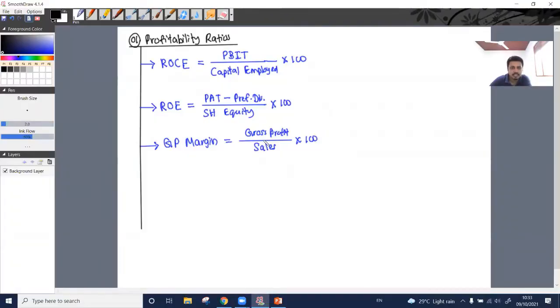Out of this sales, once we allocated the cost of sales, we have earned that much of profit. That profit we can use for the rest of the expenses. For an example, if we have a 30% GP margin, if we have done sales worth of 100, now we have 30 as gross profit.